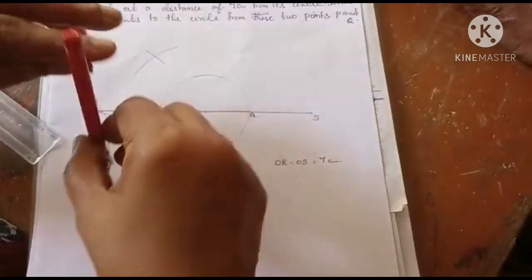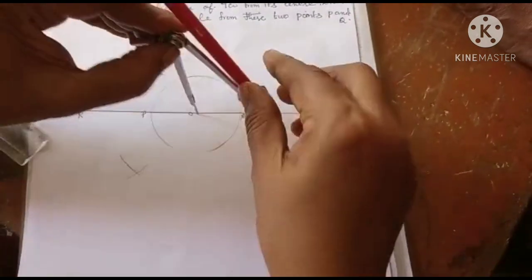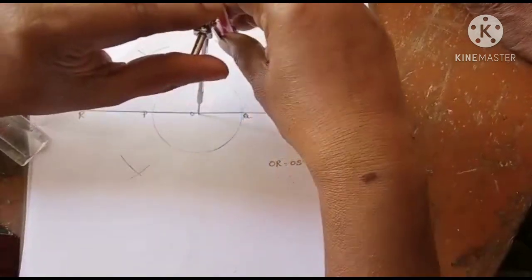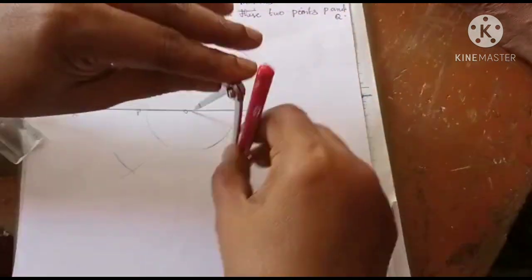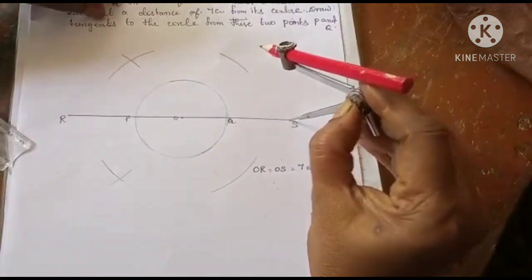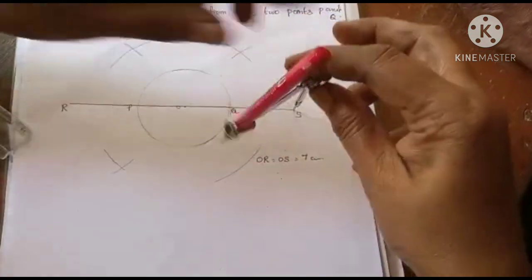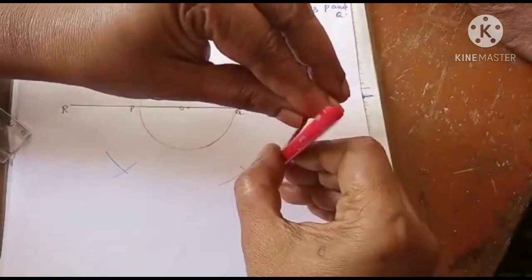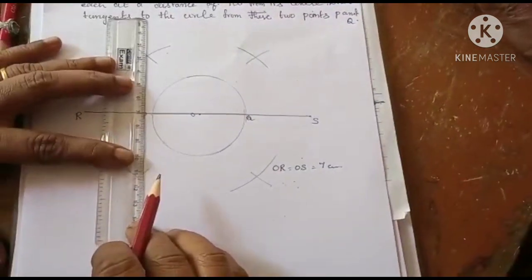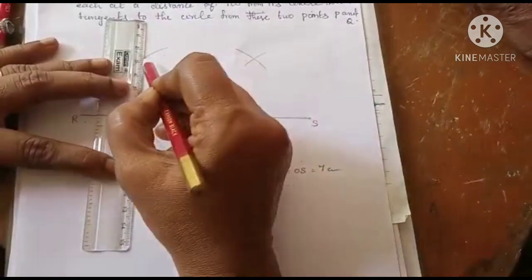Bisect OR and OS. Join the arcs on either side.